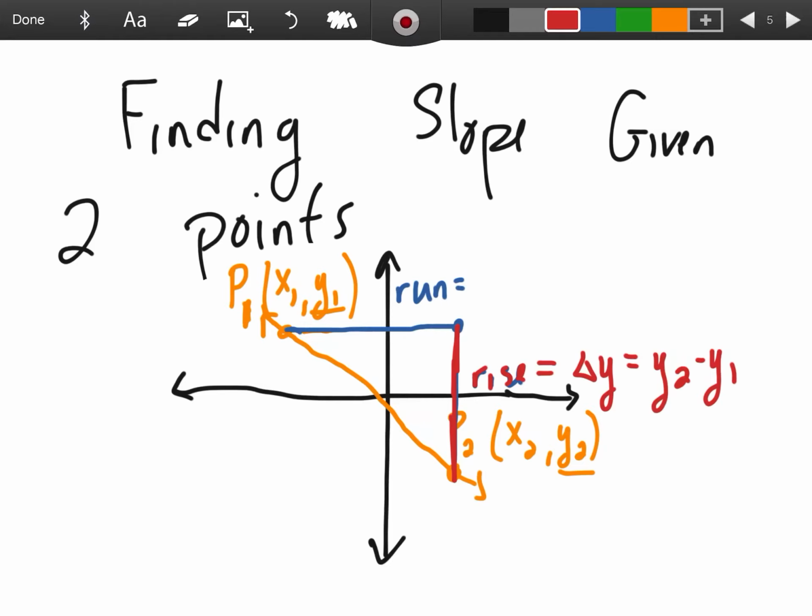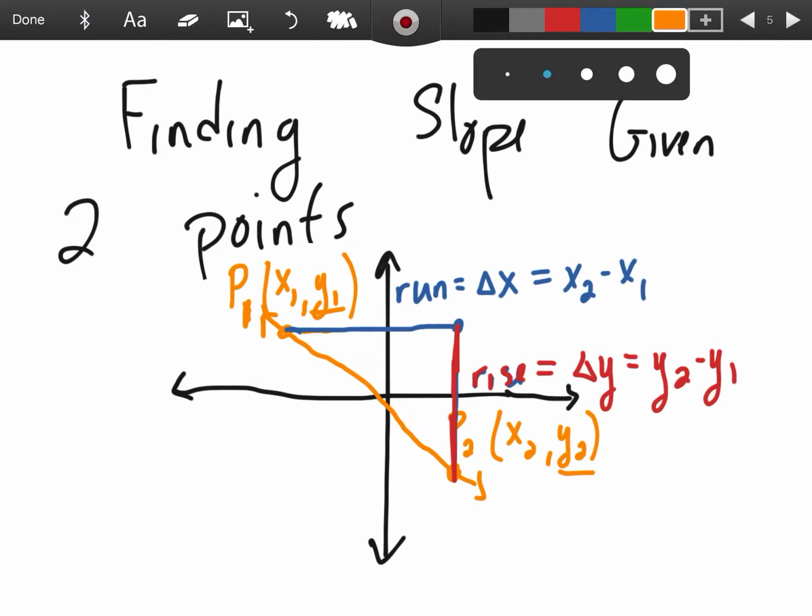That tells me how far I changed in the y direction because we need to find the difference between the two y values. For run, well, we know run is the change in x, and obviously that's just going to be the difference in our two x values. So we look at x2 minus x1. So my rise is y2 minus y1. My run is x2 minus x1.